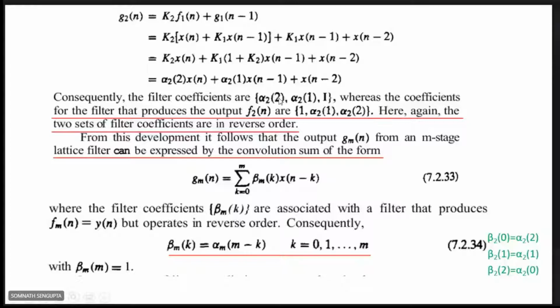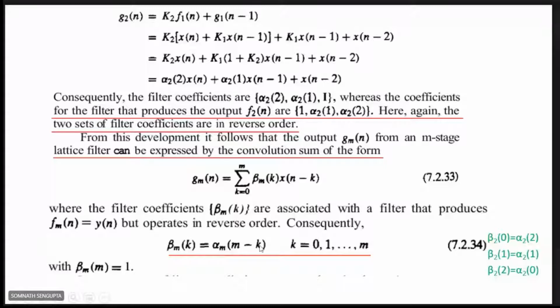So we can tell that if the coefficients of the FIR filter for the second output are beta m, then beta m and alpha m, the FIR coefficients of the main output, can be correlated. So beta mk is equal to alpha m m minus k.